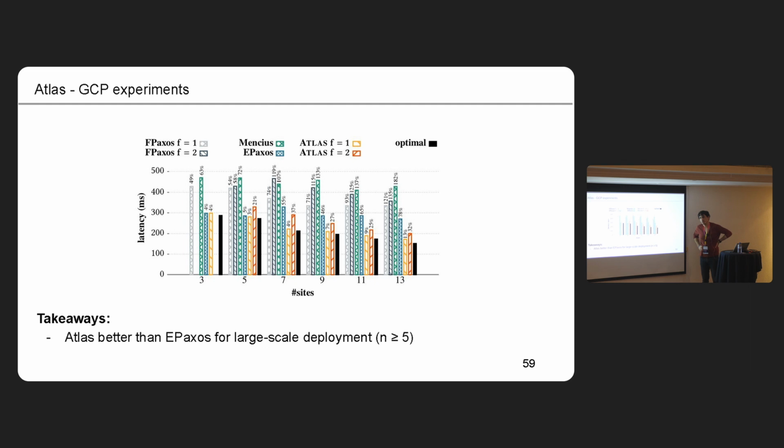Here, to understand correctly, f equals 1 or 2 is the maximum number of failures the system can tolerate, right? Yes, typically you set the number of failures, and then from that you set the number of replicas.